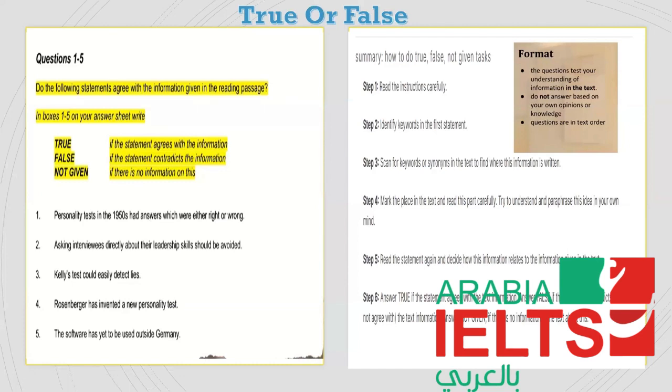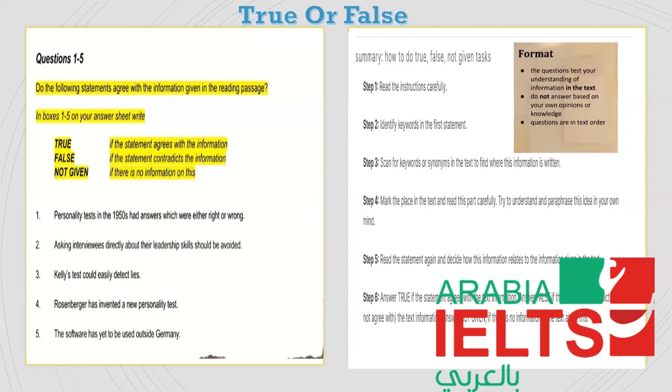If you finish with your keywords part, now it's time to do what? Scan for these words. Before you go straight to scanning, you have to do your keywords first, because your keywords are your guidelines for identifying the paragraph that has the information.